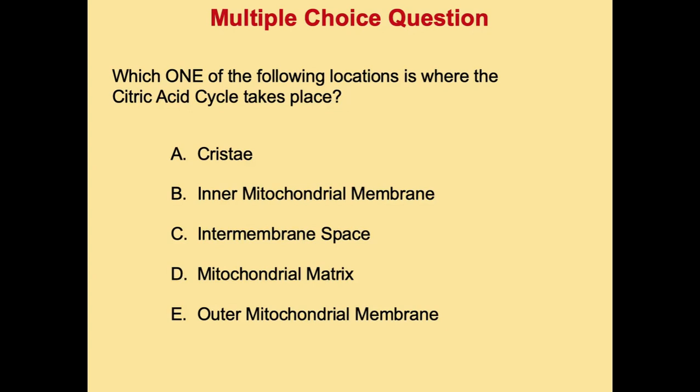I'll give you a second to pause the video before I reveal the answer. And of course the answer is the mitochondrial matrix. Remember that the enzymes required for this cycle are present in the mitochondrial matrix.